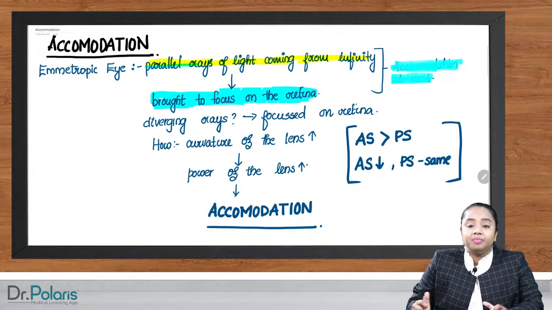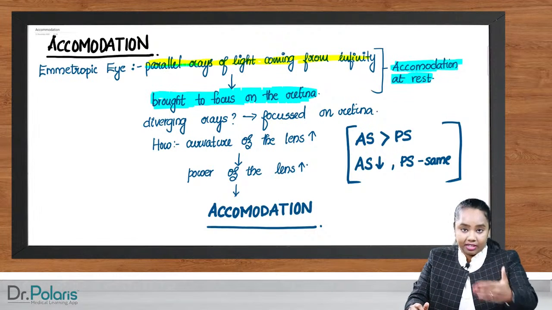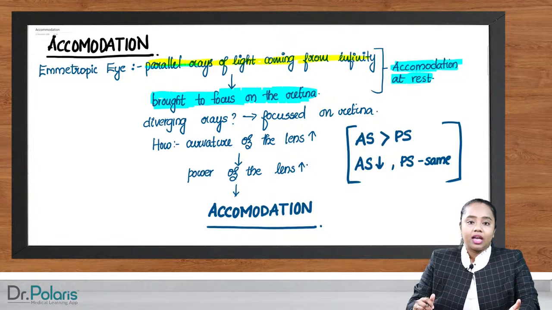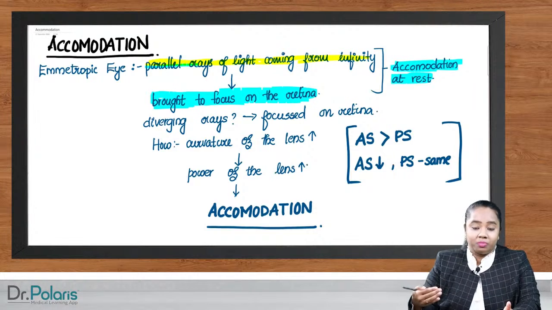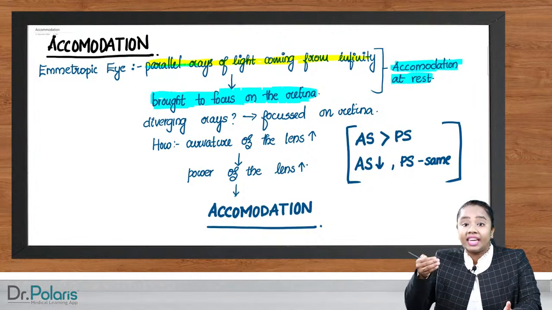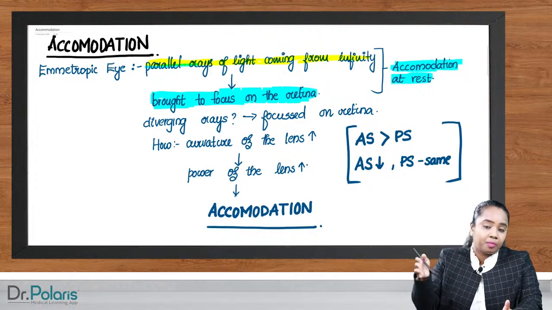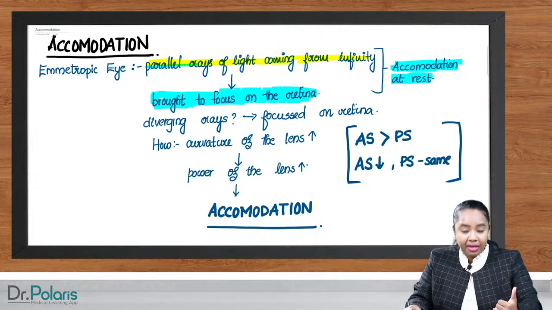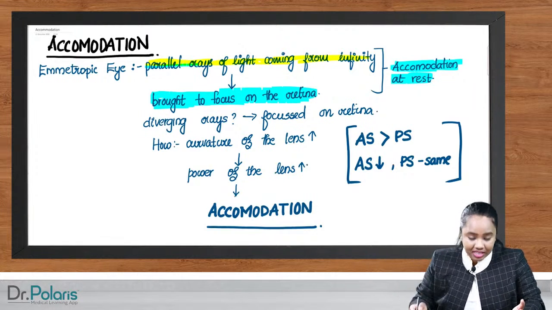Now, imagine there is an object in front of your eyes, almost at near proximity of the patient's eye. What happens? There will be rays coming from a near object, but they are usually diverging rays. After being transmitted into the eye, they have a tendency to diverge because the distance is reduced.